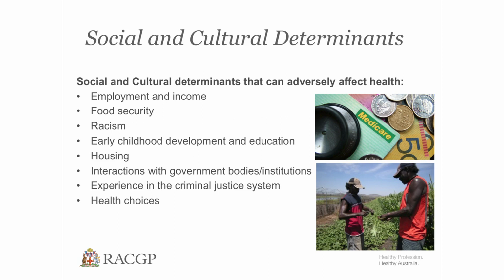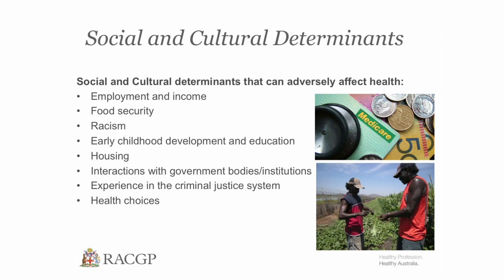I often think if you are able to use those terms, then you're not subject to poor social and cultural determinants of health. But the context that people live in, in terms of employment and income, their ability to get healthy food, their experience of racism in various parts of society, their early childhood development and education, their housing, their interactions with Centrelink and Medicare and police and legal systems, their experience in the criminal justice system, and the choices that people make that affect their health, those are all determined by their context.